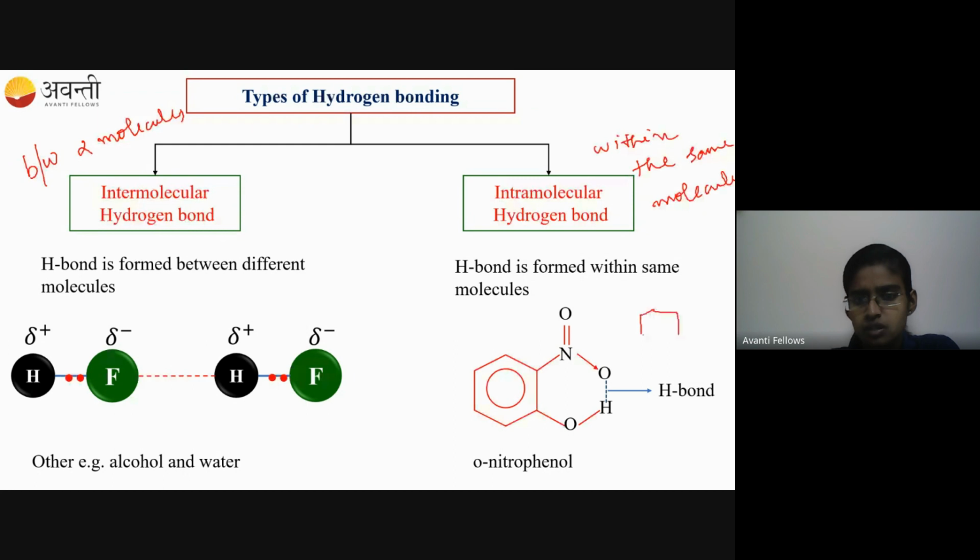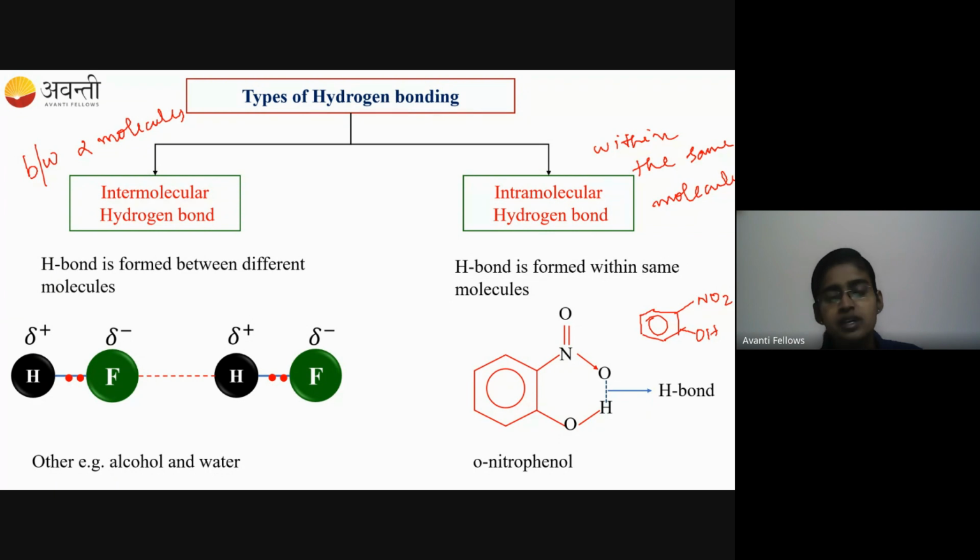If I put a phenyl ring and attach NO2 and OH, this is orthonitrophenol, and this is the complete structure. The oxygen of the nitro group is forming the bond with the hydrogen of the OH group. That is called intramolecular, because the hydrogen bond is existing within the same molecule. So that is called intramolecular hydrogen bond.